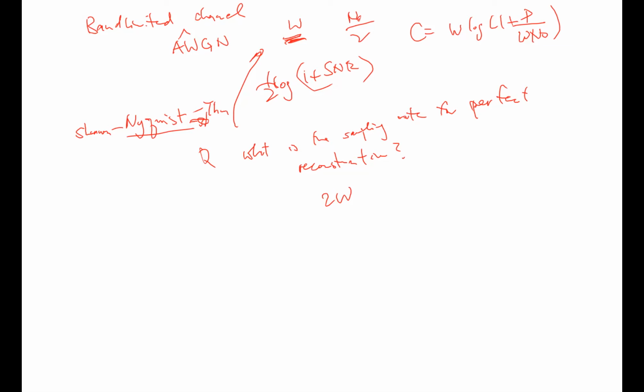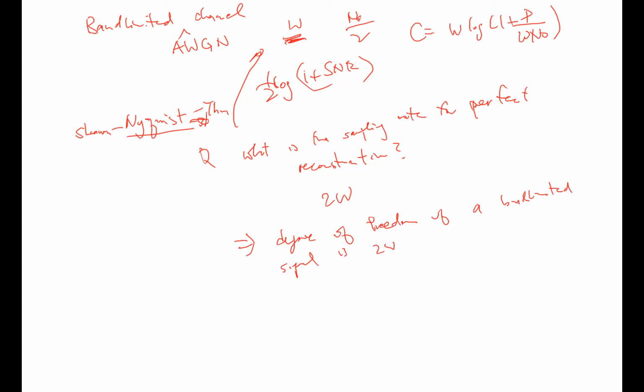It means that if you have a band-limited signal with bandwidth W, the degree of freedom of a band-limited signal is 2W. Does it make sense to you?